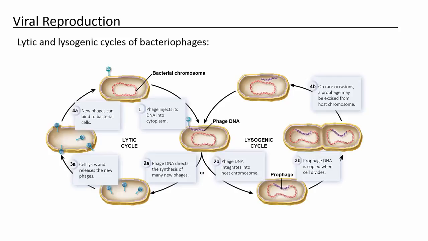For phage lambda and other, not all, but other bacteriophages, they can go through what's called a lysogenic cycle or a lytic cycle.